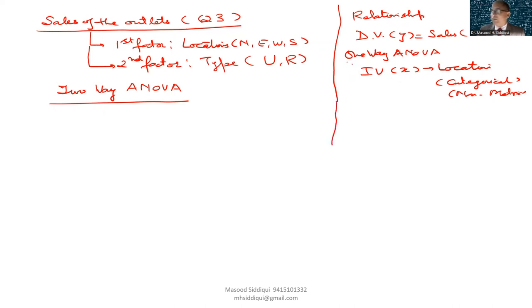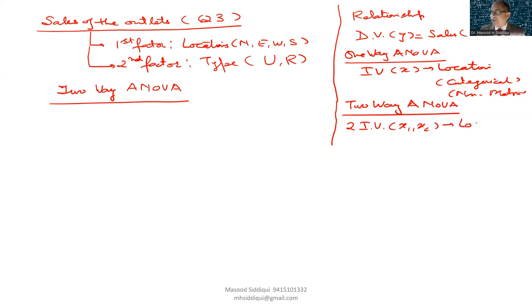Going further to two-way ANOVA, we have two independent variables, x1 and x2.